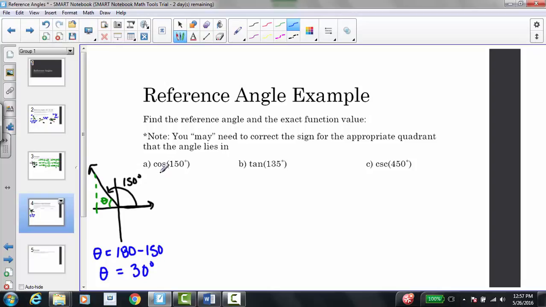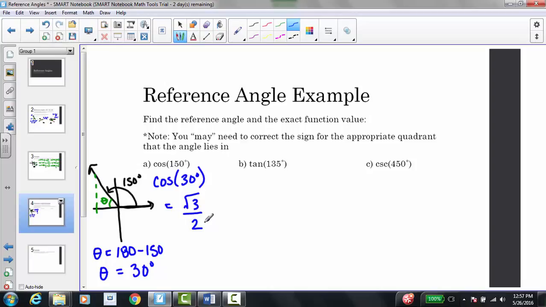So now instead of trying to find the cosine of 150 degrees, I can simply say, well, what's the cosine of 30 degrees? And if you remember back to the triangles and trigonometry video, we found that the cosine of 30 degrees equals root 3 over 2. But again, we need to take into account the sign depending upon what quadrant we're in.